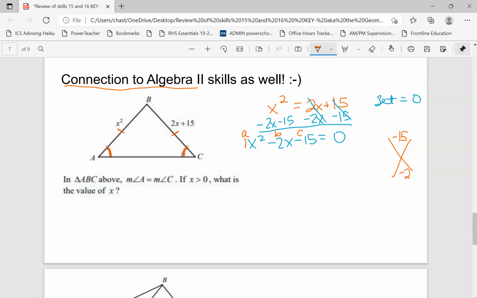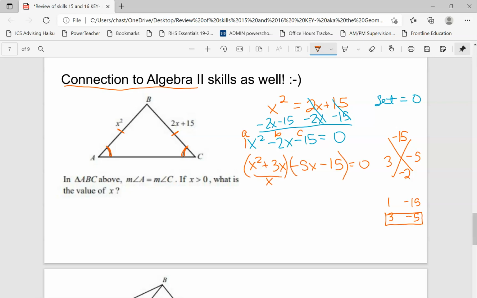So thinking about numbers that multiply to negative 15, we know 1 and negative 15, and then there's 3 and negative 5, and it looks like that's the pair of numbers that we want. So 3 and negative 5. So I'll write this as x squared plus 3x minus 5x minus 15, and we're going to factor by grouping.